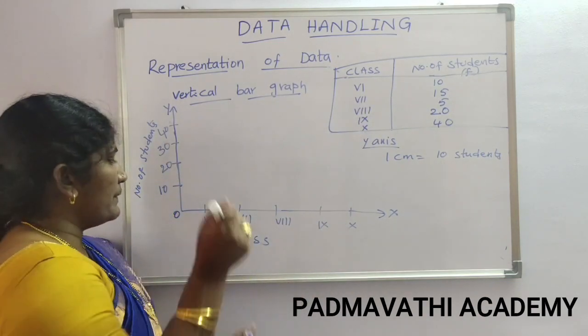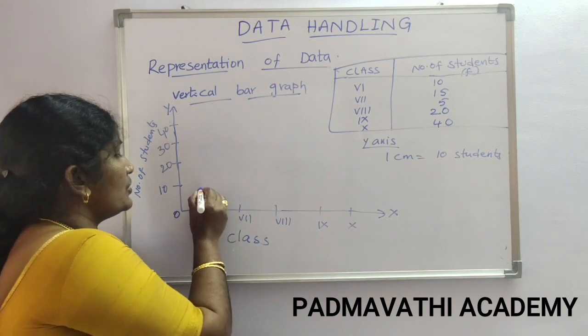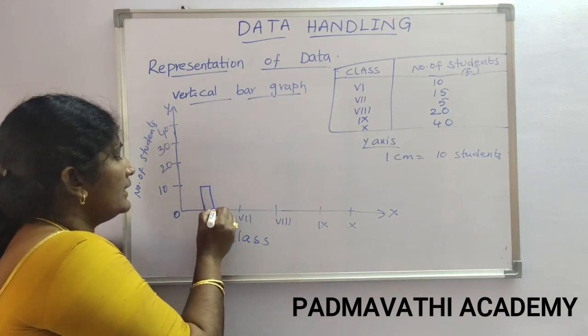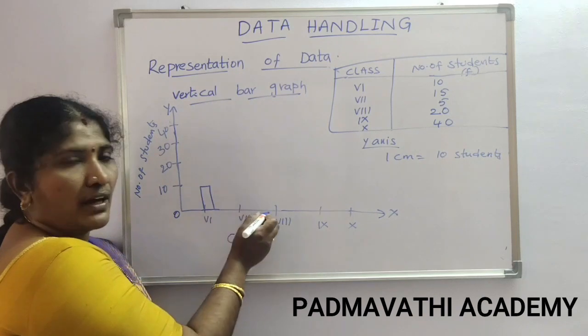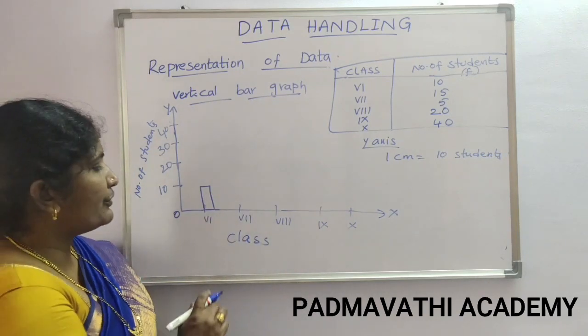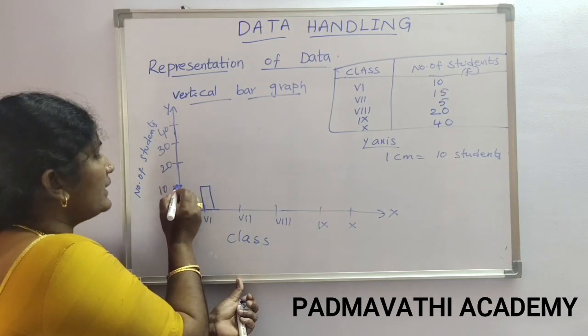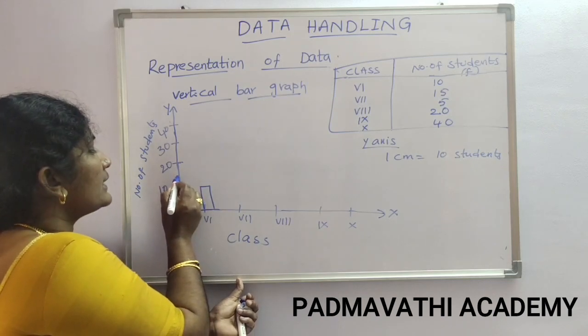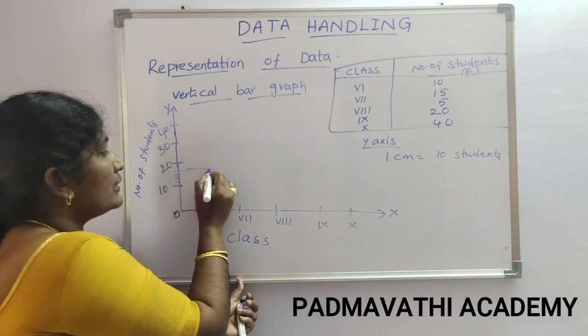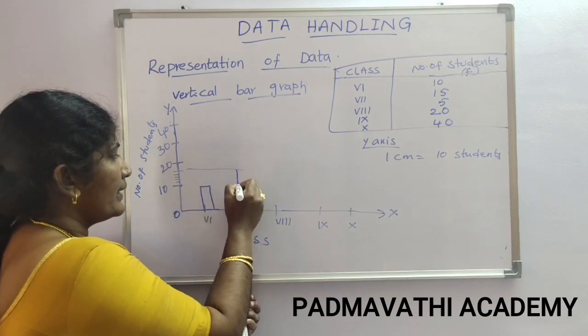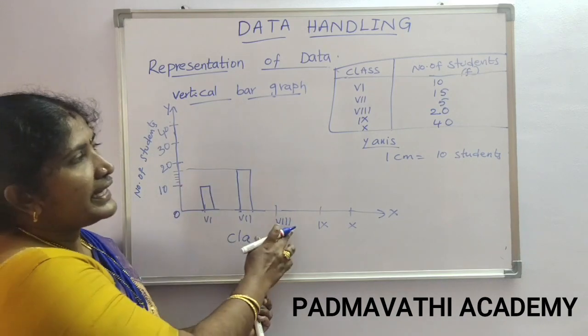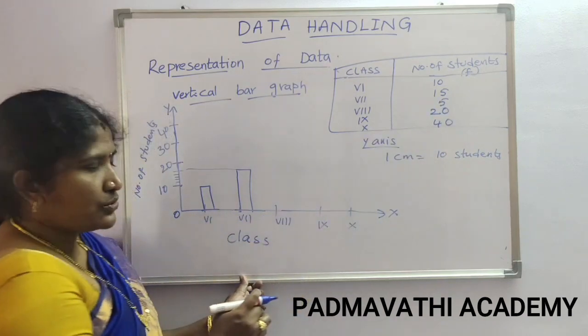6th class has 10 students, so you draw from 6th up to 10, and the width must be the same for all. Next 7th, 15: between 10 and 20 there will be 10 lines, so after 10 comes 11, 12, 13, 14, 15. So this line will come up to here for 7th class. Next 8th class has 5 students only.